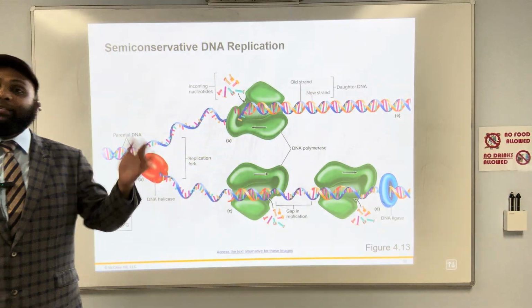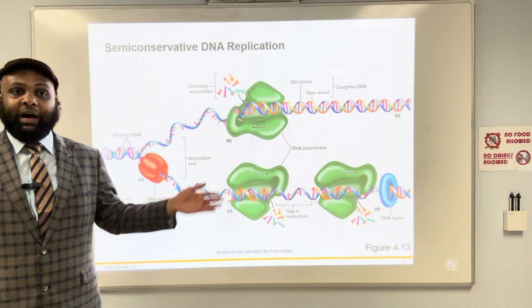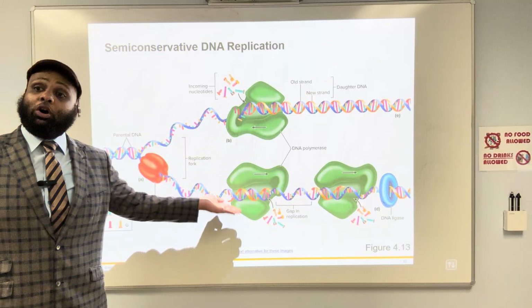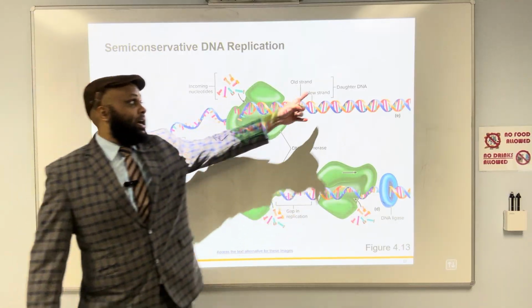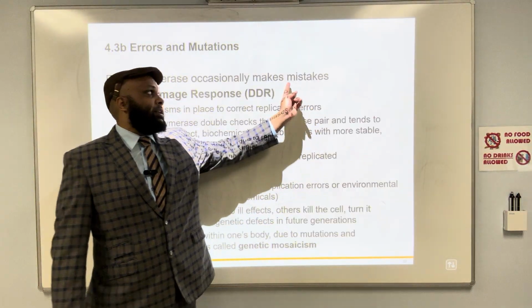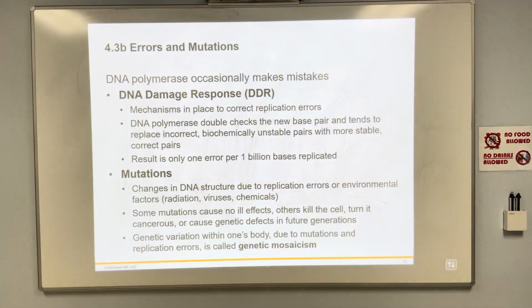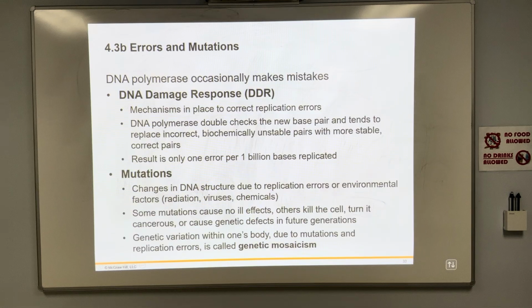That's why we call it semi-conservative, because you don't have two parental strands. You have one parental strand and a copy of that, the daughter strand. And here you have a parental strand and a copy. You see, you have the daughter DNA and the old strand in both. That's why we call it a process that is semi-conservative and discontinuous.